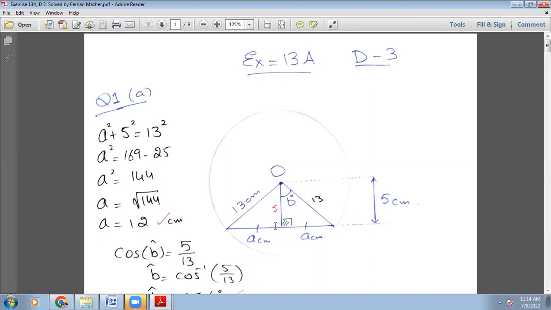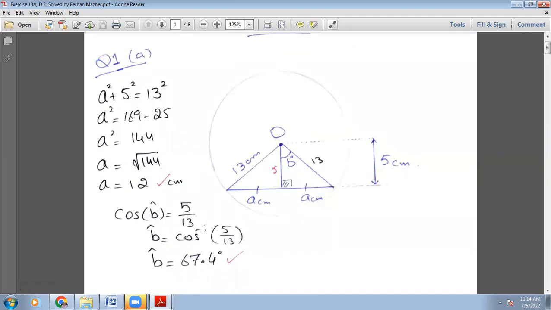Now this is a right angle triangle, and here is the 90-degree angle. So this is the hypotenuse. This a value is 12, this is 5, this is 13. I want to find the value of the angle b. In the right angle triangle, I'm going to use this angle. So this will be my base, and this is your hypotenuse. So I can use the cos.